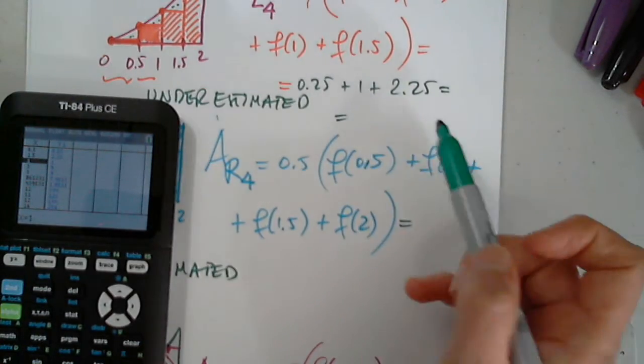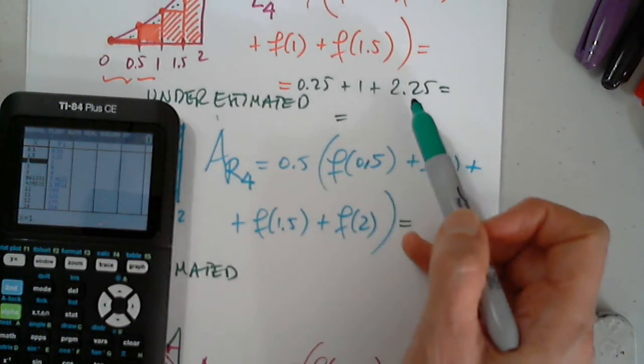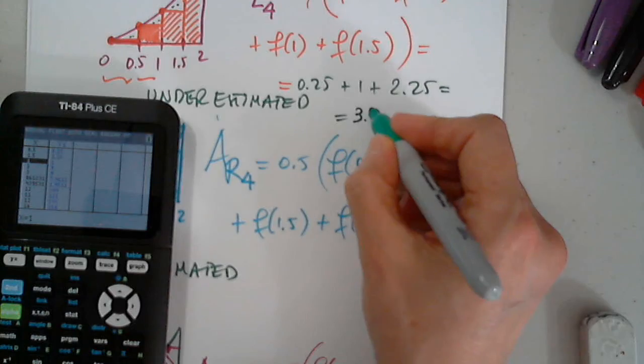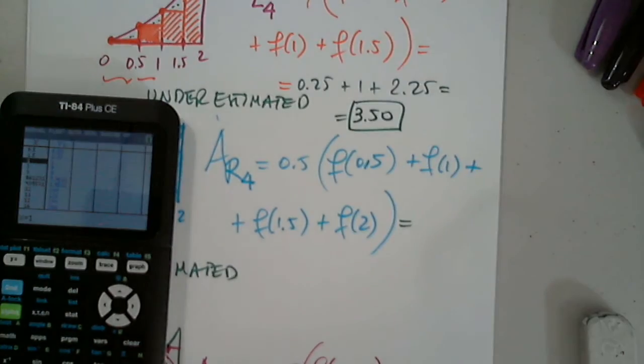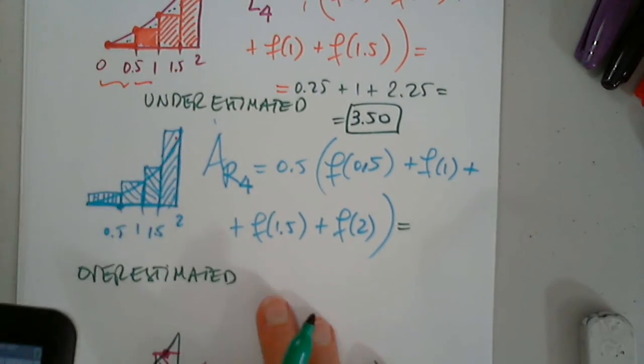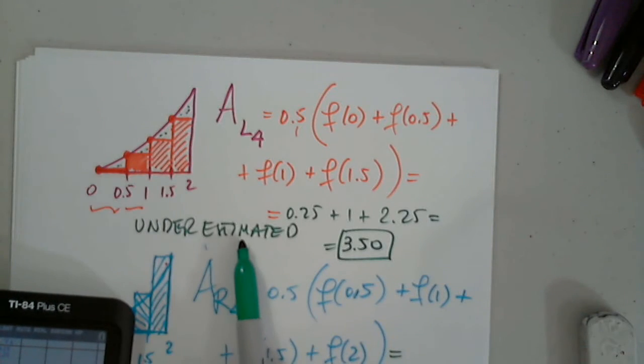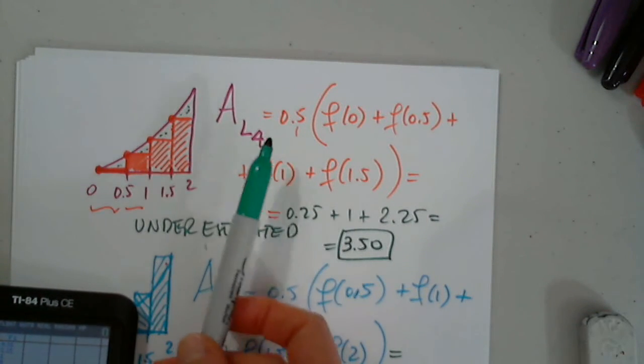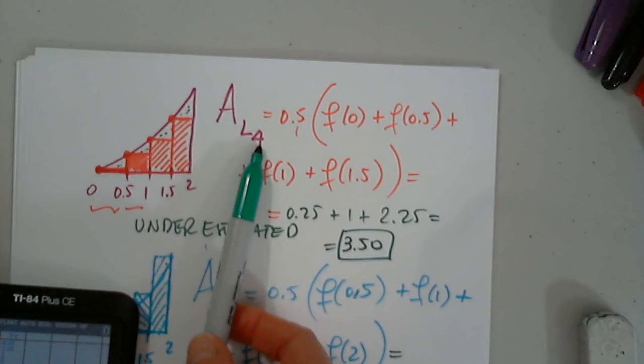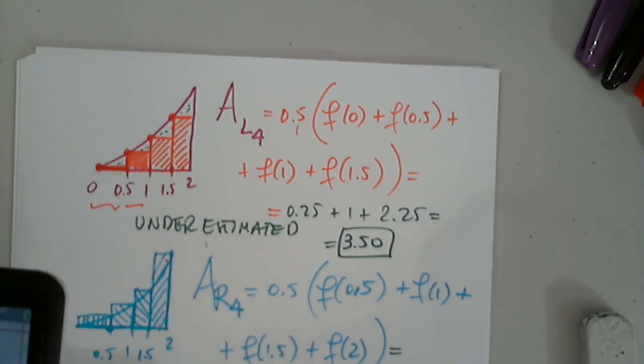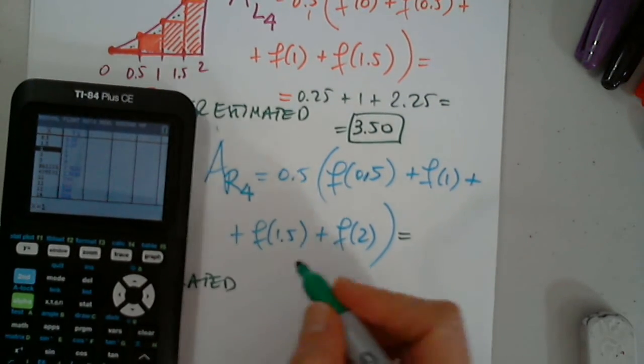So the sum will be 3.5. This is the area. Of course, it's an approximation, it's an underestimate, and it only uses 4 subintervals, and that's the area. Okay, the other one.